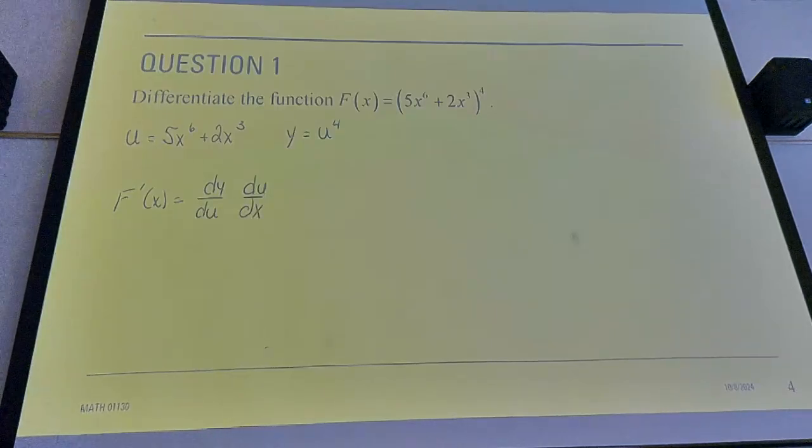Your derivative would be dy du times du dx. I typically write it in the other order. Right, then that would be g prime times f prime of g. What is du dx?